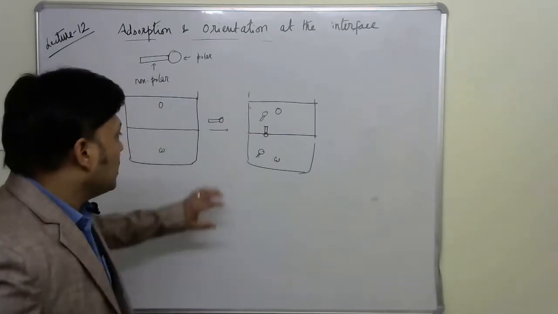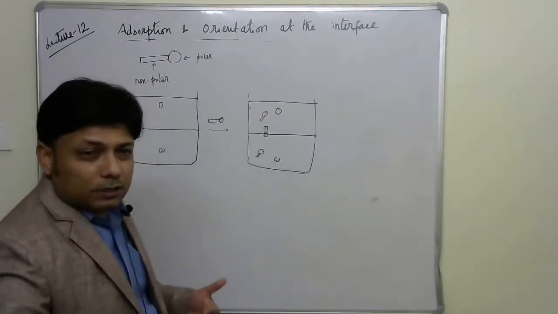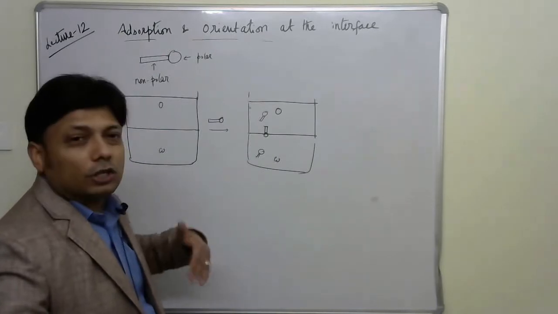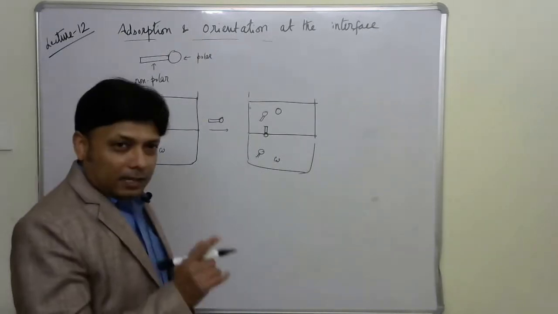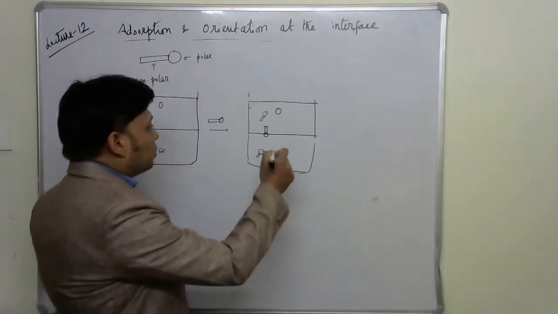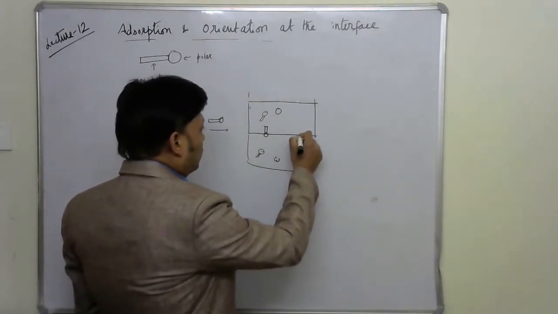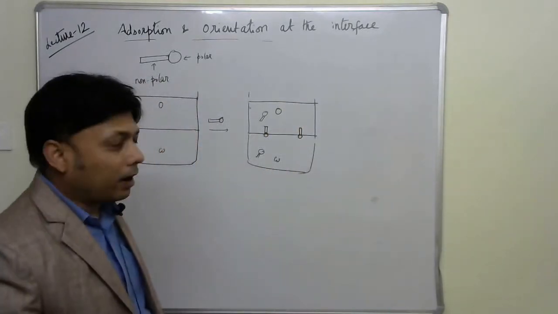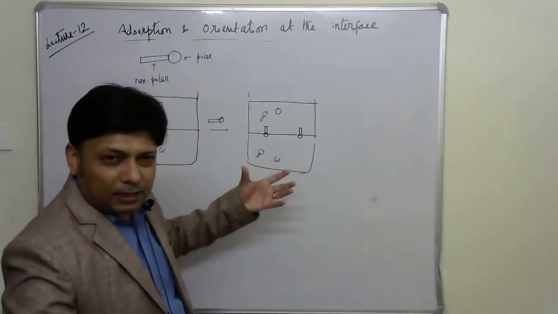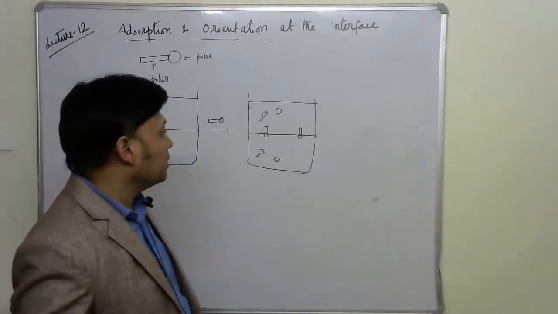So the question is, out of these three possibilities, which would be energetically favorable? Well, needless to say, the most favorable orientation at the interface is something like this, where we have a like-dissolves-like situation.